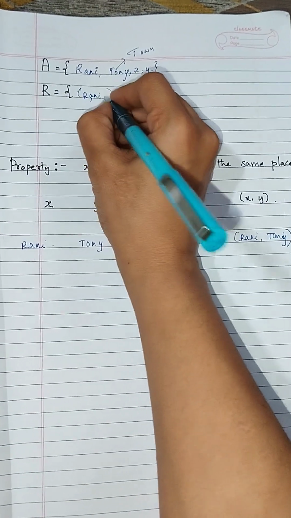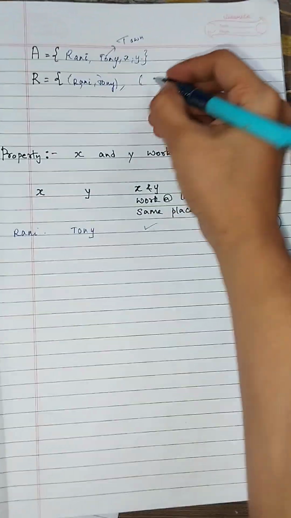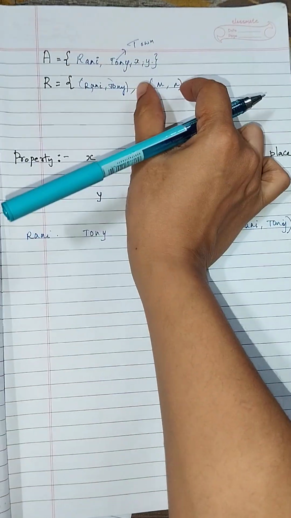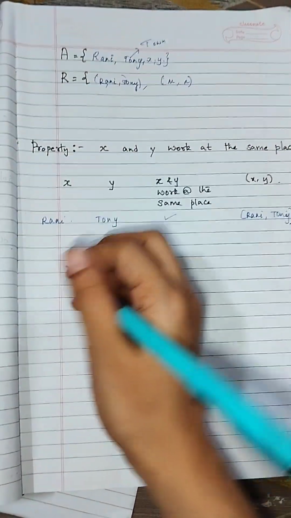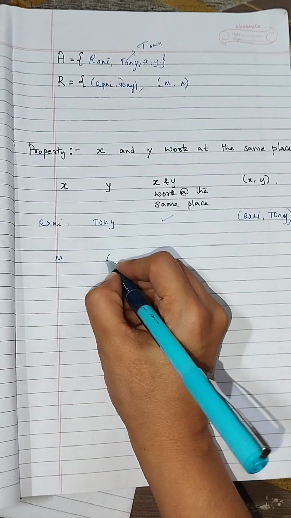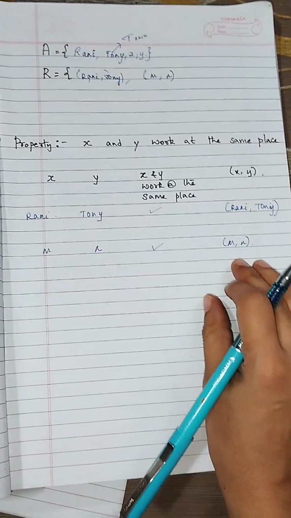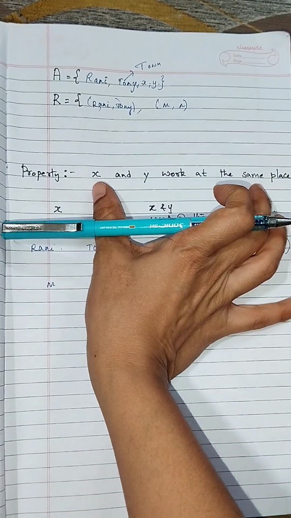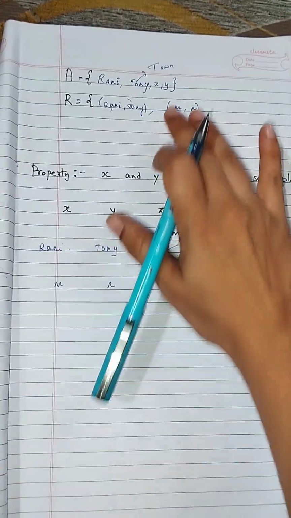Okay, (Rani, Tony). Let us say that already they have given M and N. So if an ordered pair already exists in this relation, then it is taken for granted that M, N work in the same place. So we have the ordered pair (M, N). So if the property is given to you, you have to check whether they are working at the same place every time.